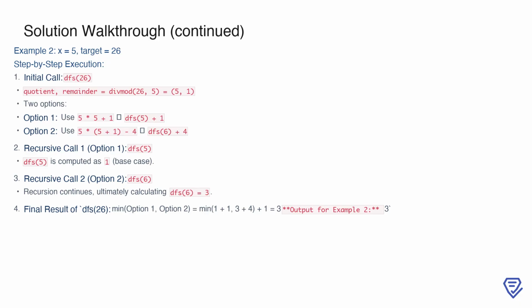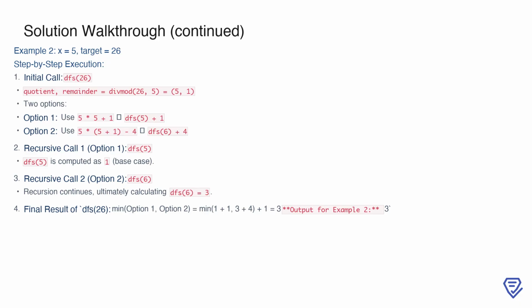The second is to express 26 as 5 * 6 - 4, which results in DFS(6) + 4. For the first recursive call, DFS(5), we encounter a base case, as the target equals x. Thus, the cost for DFS(5) is 1. For the second recursive call, DFS(6), recursion continues, and we calculate the result as 3.